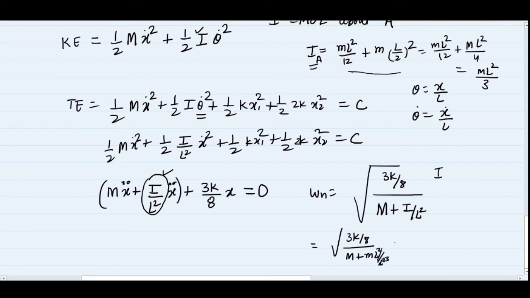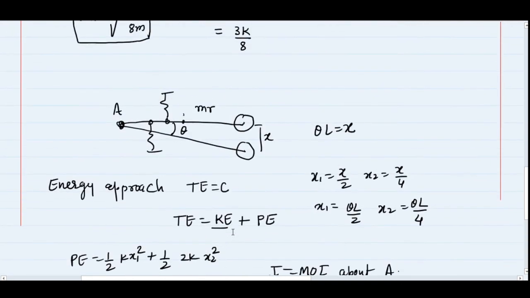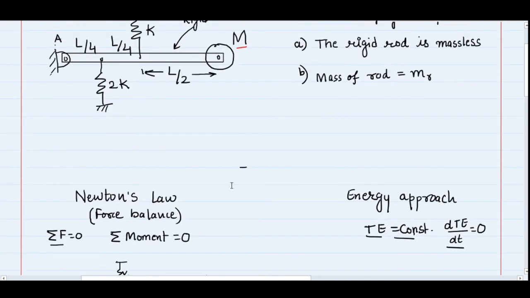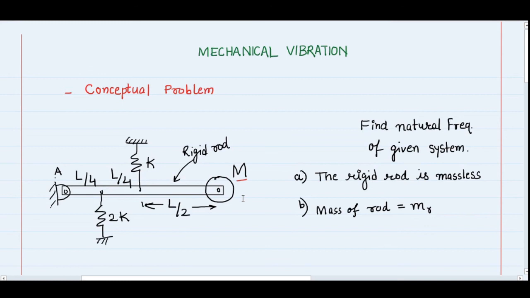So L square will cancel out and you will get 3k by 8 times M plus m by 3. This would be the natural frequency of your system when you have a rod of mass small m and a tip mass of value capital M, and there are two springs of magnitude k, and you have to find the equation of motion as well as the natural frequency of your system.